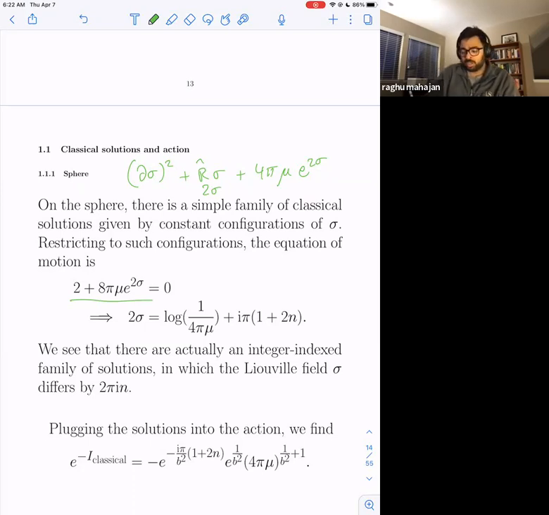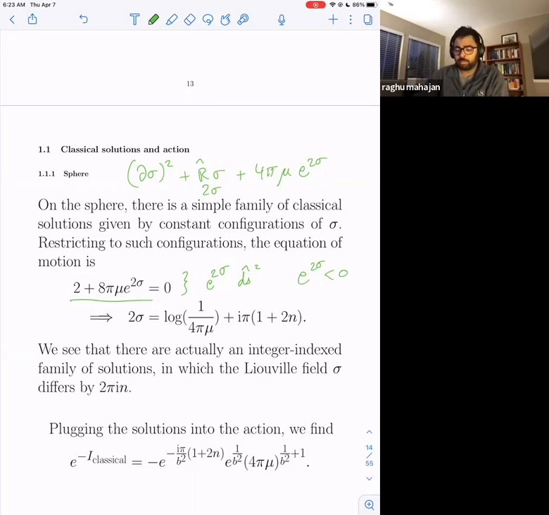And now you immediately notice a problem, that the metric was e to the 2 sigma times ds hat square. So there is no way that if e to the 2 sigma is positive, you can satisfy this equation because mu is positive. So actually, e to the 2 sigma has to be negative in this case for the solution to be found. And that's fine.